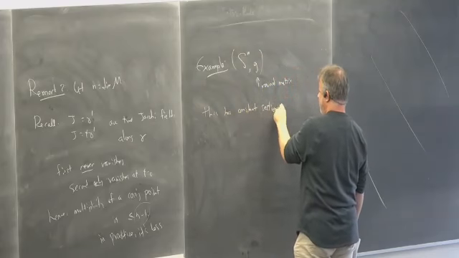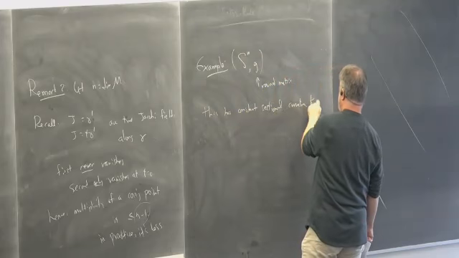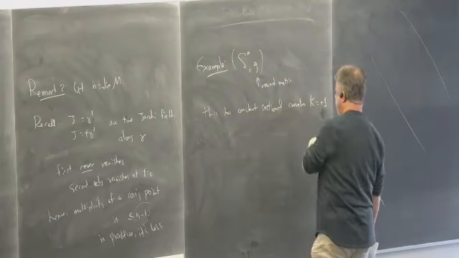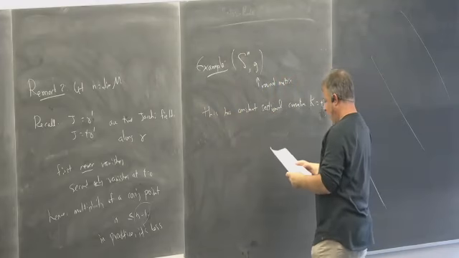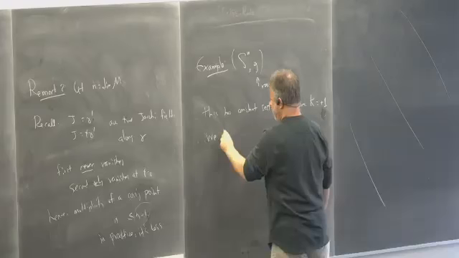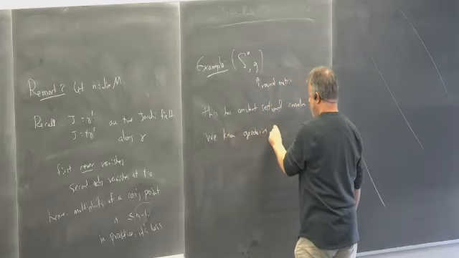This is the unit sphere, right? Radius 1. We didn't actually do that calculation. I told you you can do that calculation. And we know from the assignment that the geodesics are great circles.